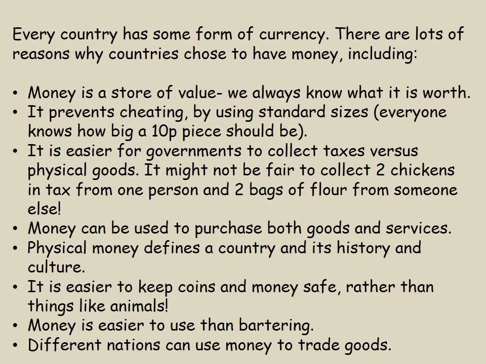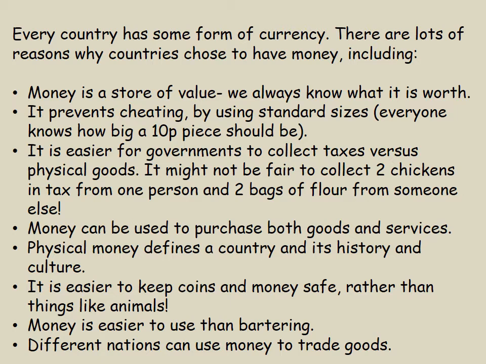And it's easier for government to collect taxes versus physical goods. It might not be fair to collect 2 chickens in tax from one person and 2 bags of flour from someone else. Money can be used to purchase goods and it can be used to purchase services. Physical money defines a country and its history and culture.